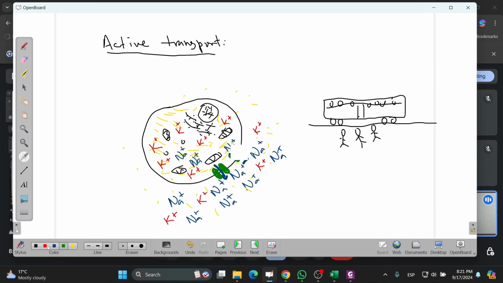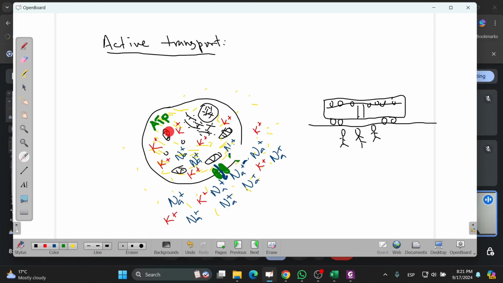Remember, part of that energy is stored in the cell in some molecules that we are going to call ATP molecules. So every time sodium needs to come out, it will be moving from a lower concentration into a higher concentration against the concentration gradient. That will require at least two things.